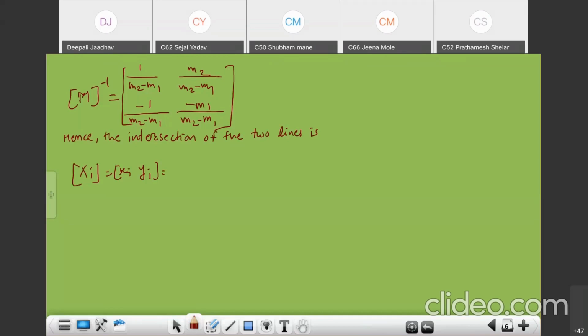B is b1, b2, and M inverse we have calculated: 1 divided by m2 minus m1, m2 divided by m2 minus m1, minus 1 divided by m2 minus m1, minus m1 divided by m2 minus m1.